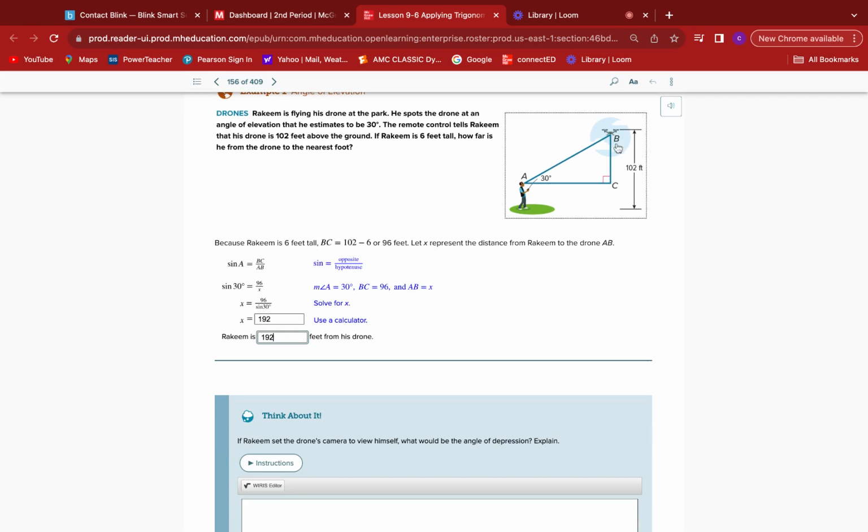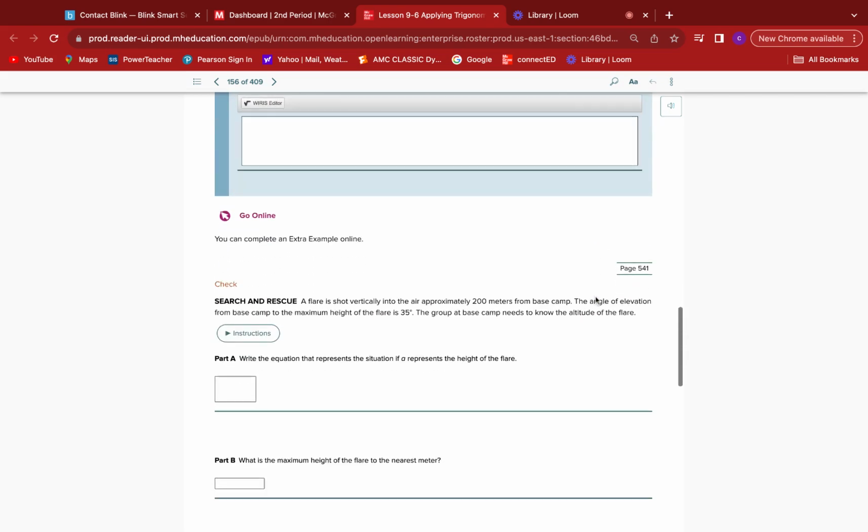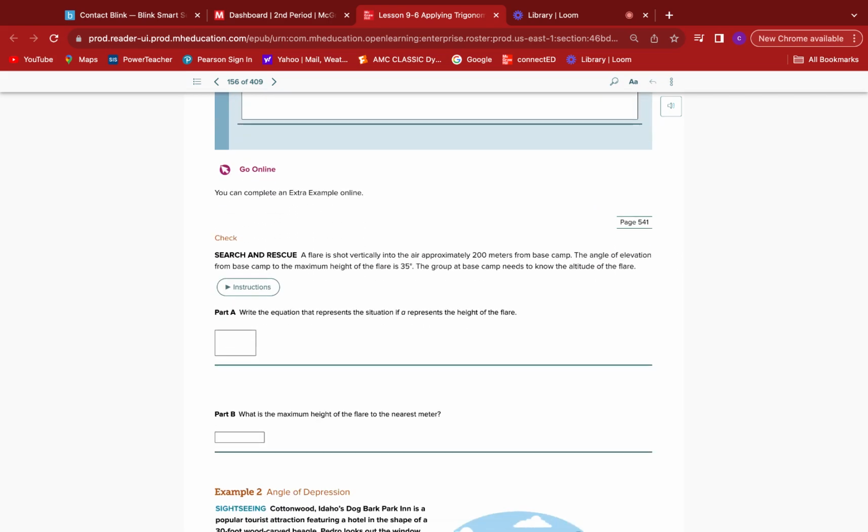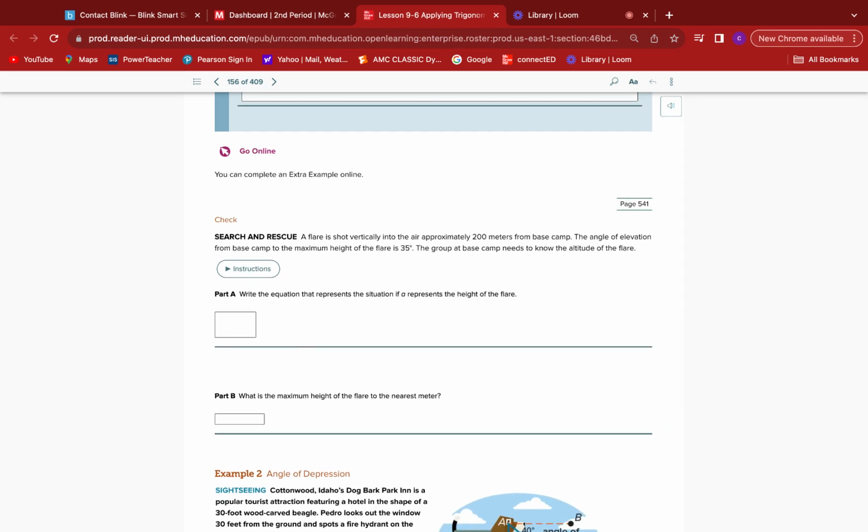And the height is 200. The group at the base camp needs to know the altitude of the flare. Write an equation that represents the situation if A represents the height of the flare.